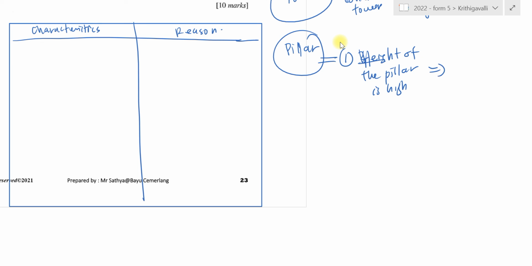So why do we do like that? To avoid water entry into the bridge.